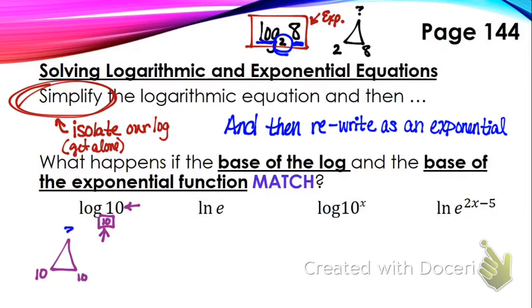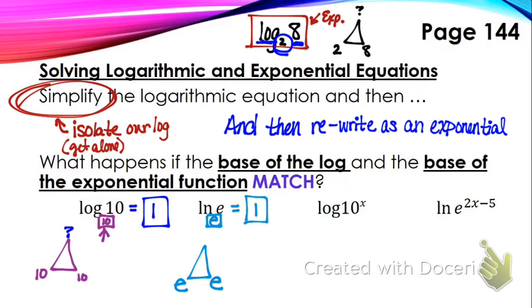So what would the exponent be? 1. What's the base for the natural log? e. Even though I don't see it, there's a little e here. So same thing, e is my base, e is my argument. What would my exponent be? 1 again.